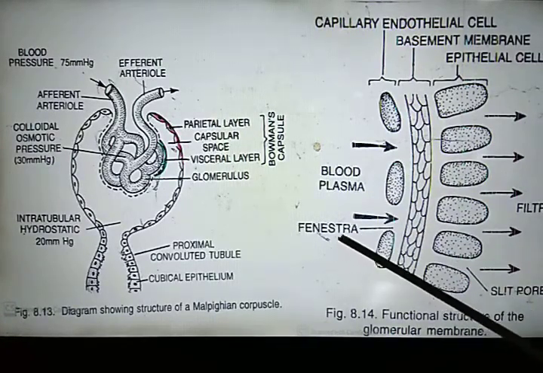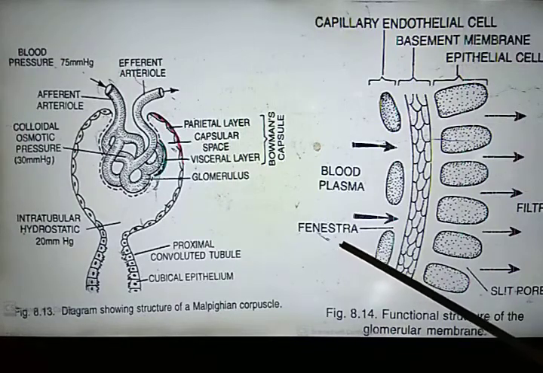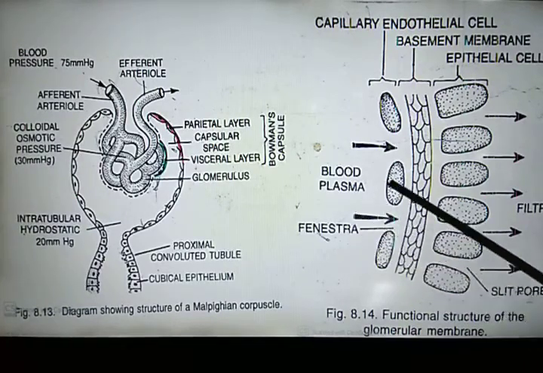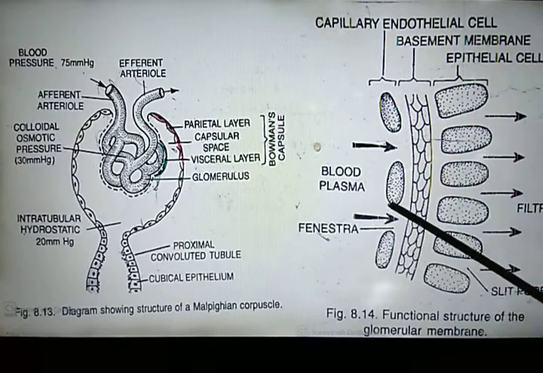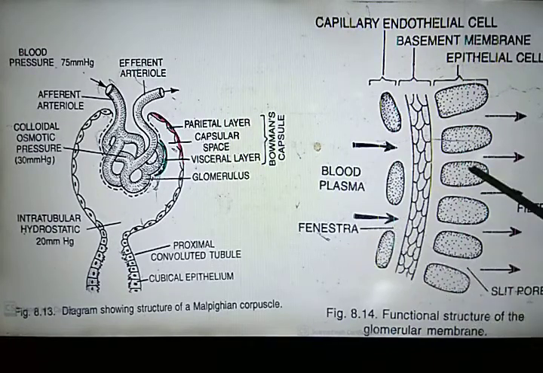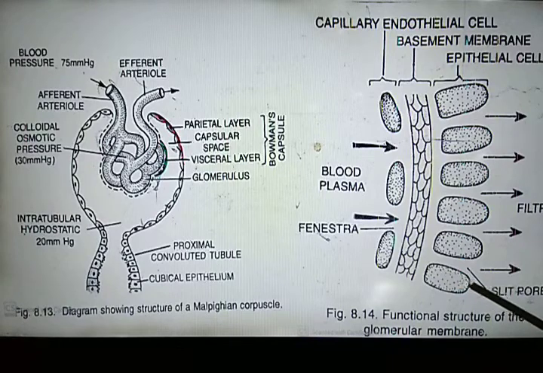So now it shows that two pores are present in the layer of the Bowman's capsule and glomerular capillary. The pore present between the endothelium cells of the glomerular capillary is known as fenestrae, and the pore present between the podocytes of the Bowman's capsule visceral layer is known as slit pore.